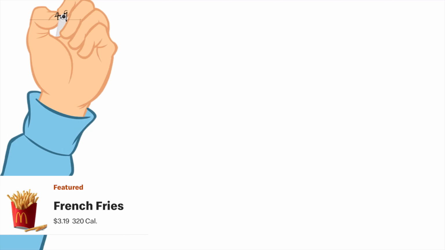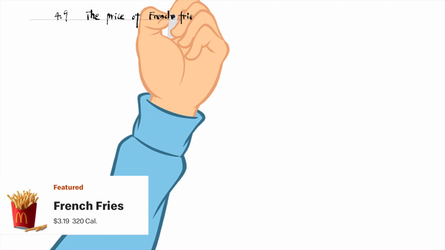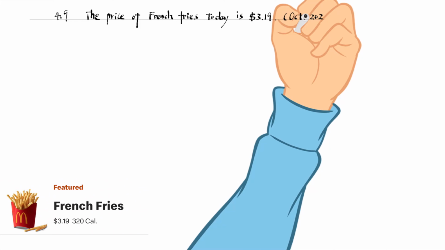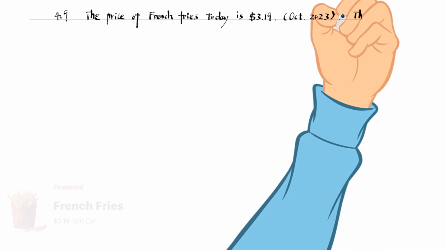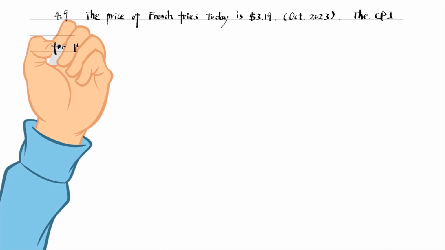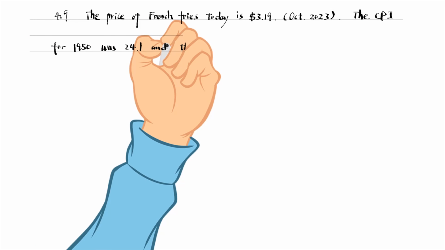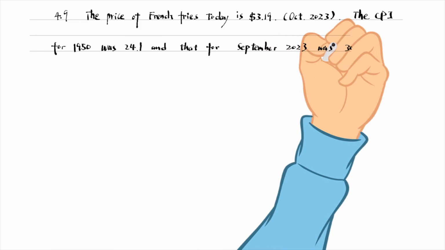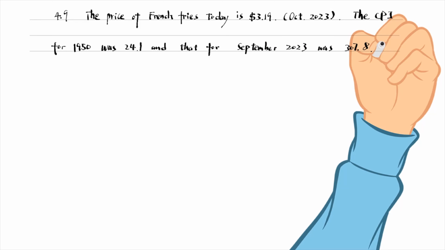The price of French fries today is $3.19. From the website, we find that the CPI for 1950 was 24.1, and that for September 2023 was 307.8.